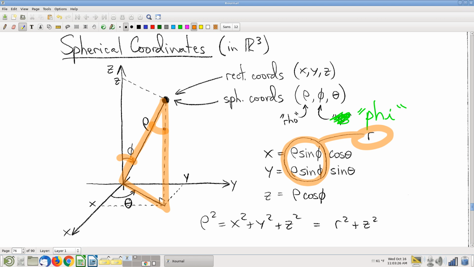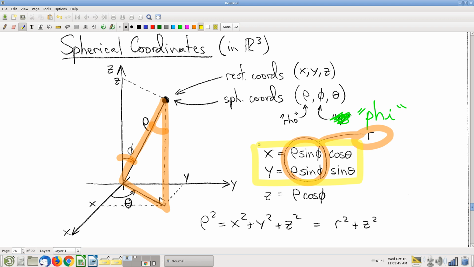Right? And with that observed, notice the first two formulas you need to know for spherical coordinates really are just old formulas you already knew. X is R cosine theta, Y is R sine theta. Just don't forget R is rho sine phi. Right? So easy way to remember those first two formulas.